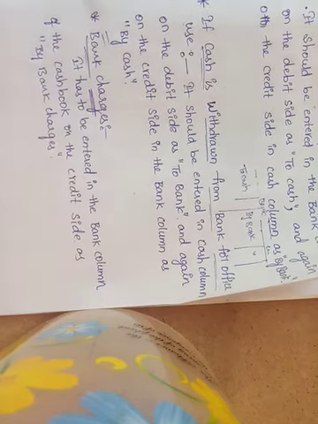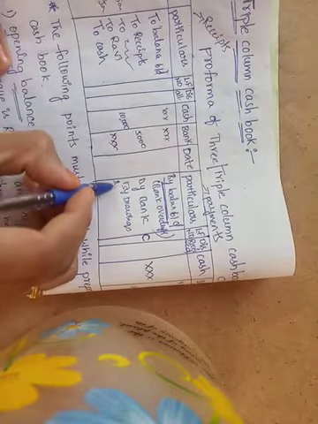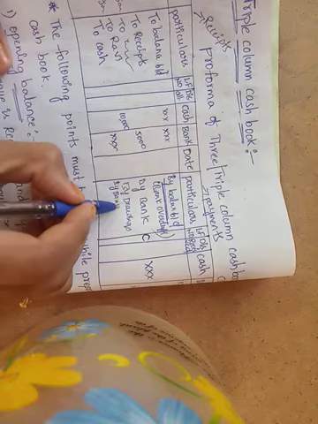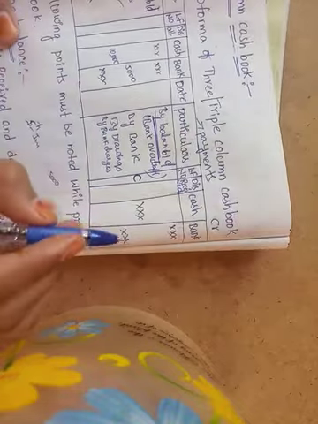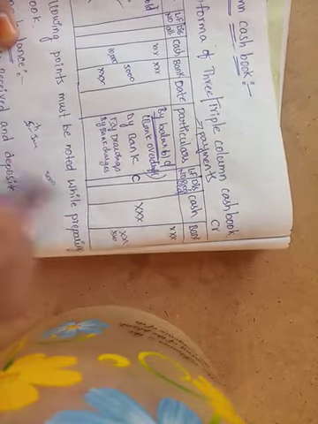So on the triple column cash book, by bank charges, write that amount in the bank column.